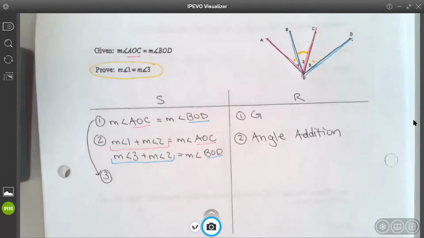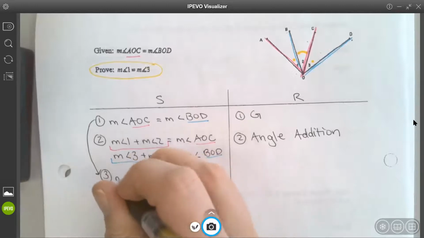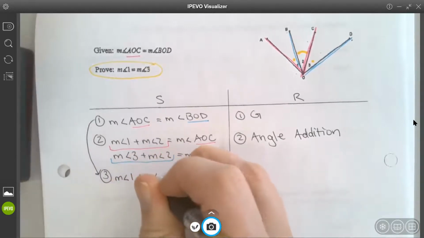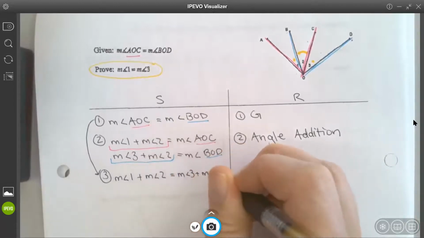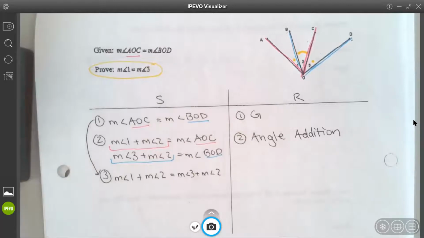I need to take this and make it look like that. I'm going to write AOC as 1 and 2 together, because that's what it is, and BOD as 3 and 2 together. So instead of AOC, I'll have 1 plus 2 equals 3 plus 2. And all I did was substitution. You see how that's substitution?